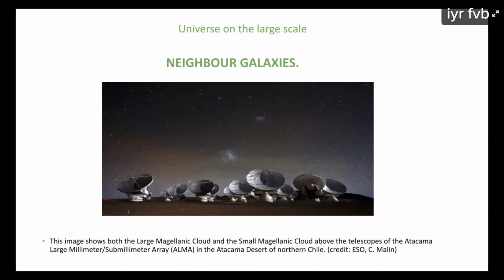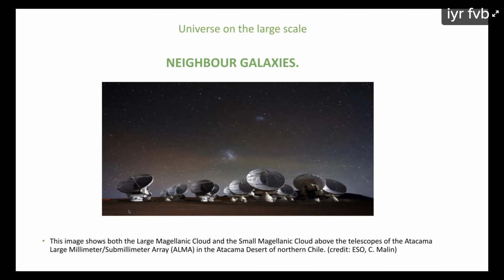Now, let's look at an even larger scale in the universe, right? I'm taking this picture to explain how the universe looks outside the Milky Way. This is an image taken from, I would say, the Atacama desert in Chile.